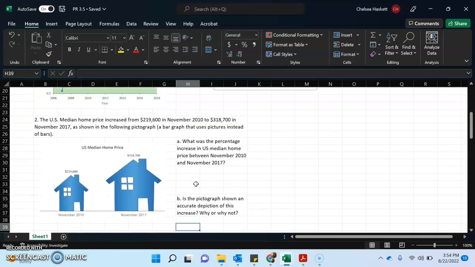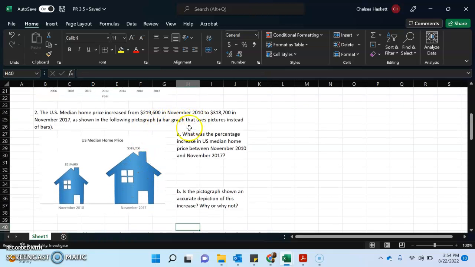Okay. Moving on, number 2. The U.S. median home price increased from 219,600 in November 2010 to 318,700 in November 2017, as shown in the pictograph. What was the percentage increase in median home price? So we want the percent increase, which is the change over the original.